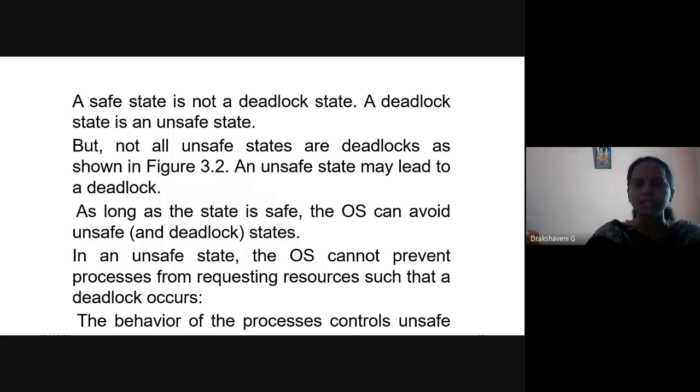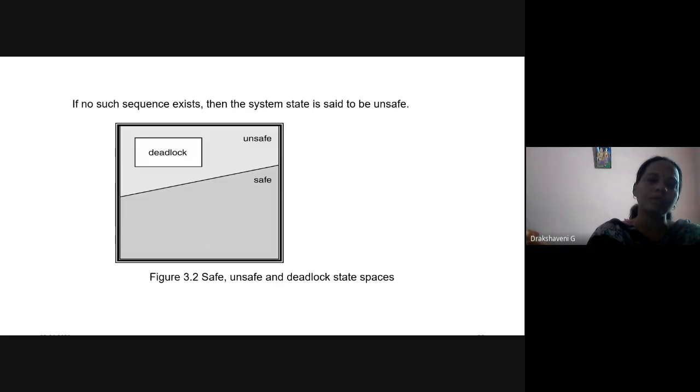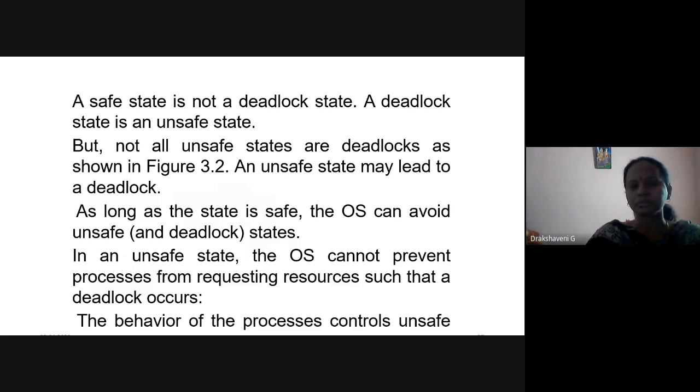A safe state is not a deadlock state. A deadlock state is an unsafe state, but not all unsafe states are deadlock, as shown in figure 3.2. In this case, you can see all unsafe states, we cannot say it is a deadlock. An unsafe state may lead to a deadlock.